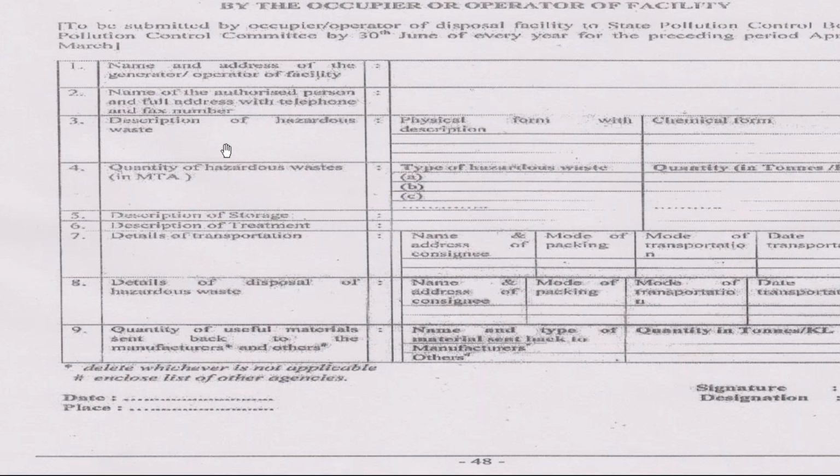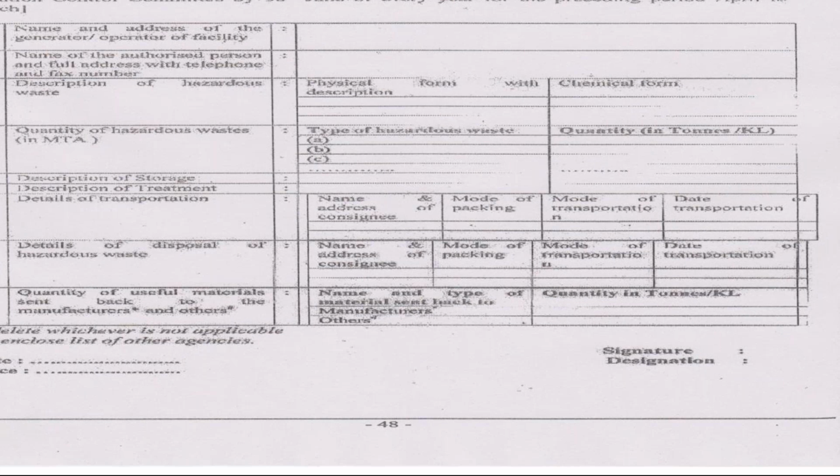So whatever mode you are going to use for the transportation purpose, for the packing purpose, for the date of transportation, then the details of this hazardous waste, which are similar to point 7, and the quantity of useful materials sent back to the manufacturers and others. So all the details are given in form 4.